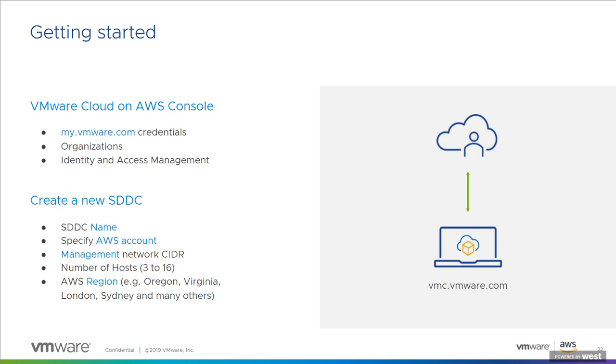So getting started. You'll access the VMware Cloud and AWS console by utilizing your myvmware.com credentials. From there, you can set up what we call an organization, and you can control your identity and access management. To deploy a new SDDC, you'll basically just give it an SDDC name. You specify an AWS account that you want to link your VMC environment to.